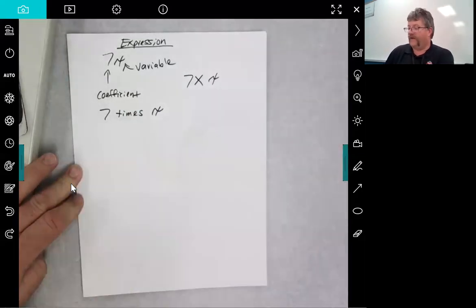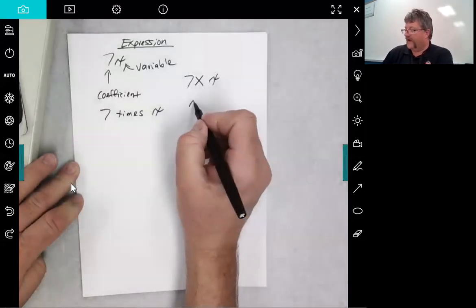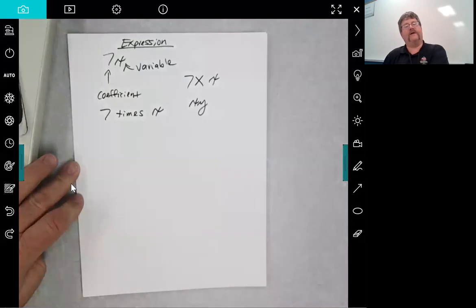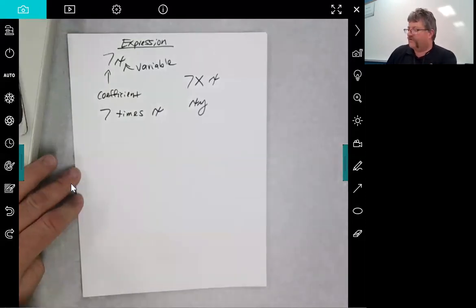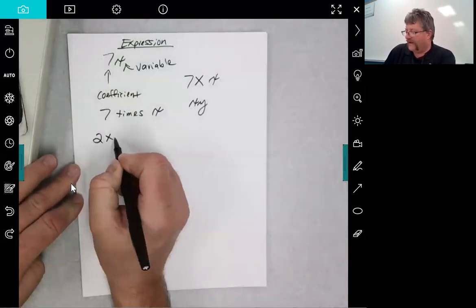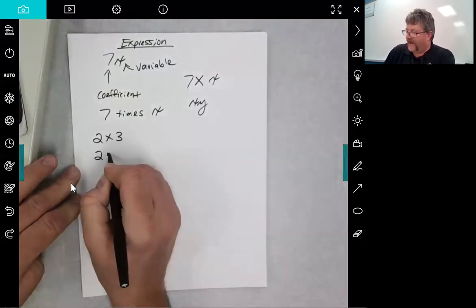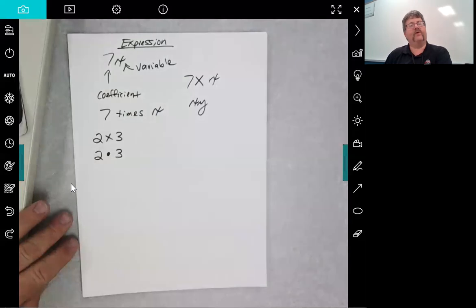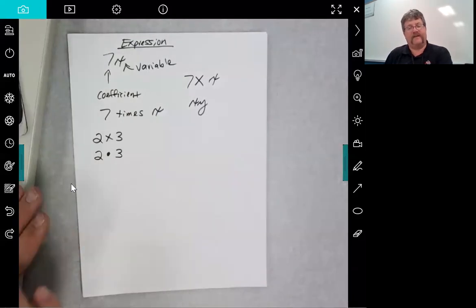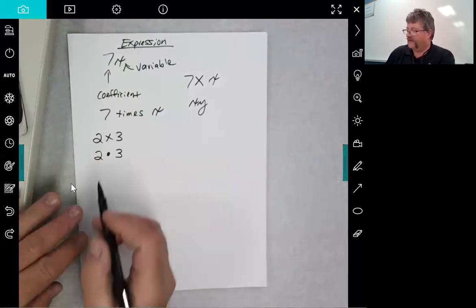And we don't need anything when it's a number and a letter side by side, or 2 letters, x, y, that means x times y. But 2 numbers, I have to do something, right? Now we're used to 2 times 3, but I don't like the x, so there's some other ways. A dot, 2 times 3 with a big old dot there, not a decimal point, not a little dot, a big old dot in the middle.